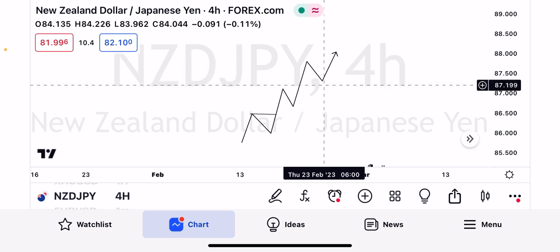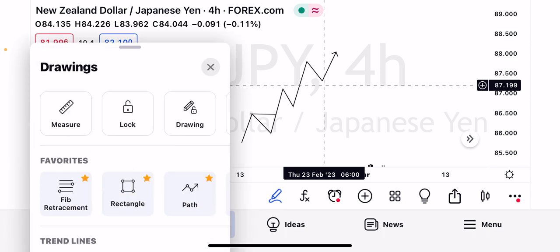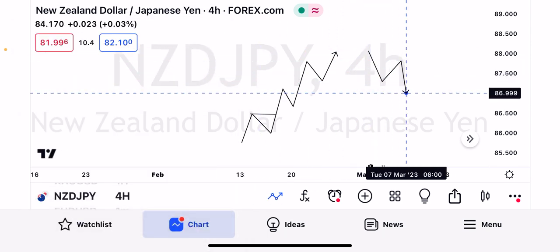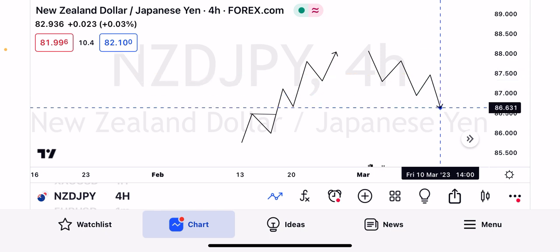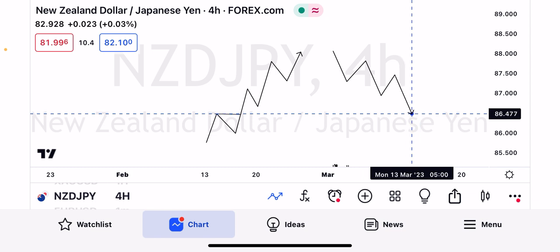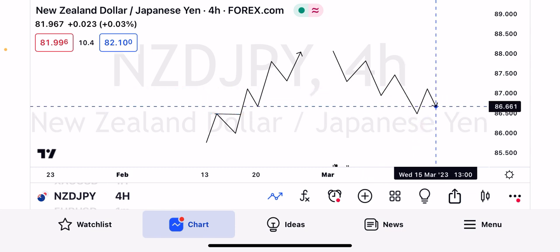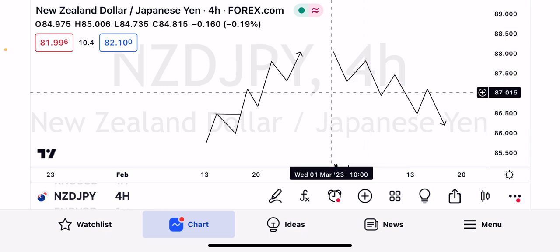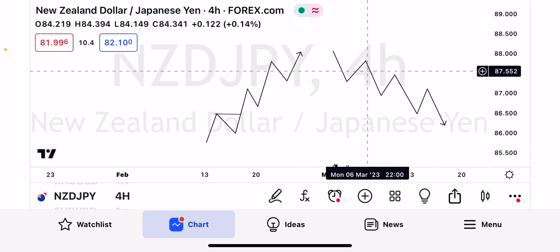Understand? The same thing applies for lower low and what? Lower high. Look at this. This is our lower low. This is our lower high.